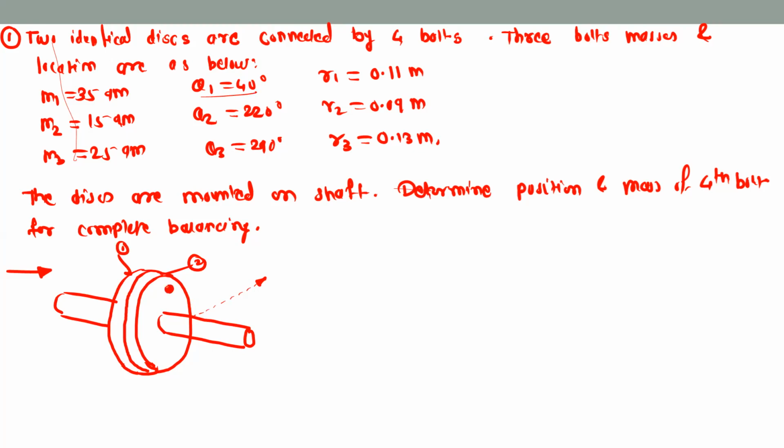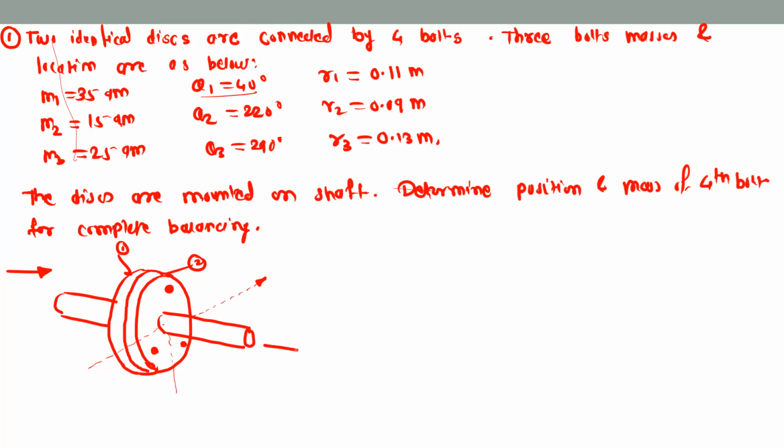So this is the first bolt, which will become M1. Second is at 220 degrees, so it is in the third quadrant. This is M2. Then this is 290 degrees, so it is in the fourth quadrant. We have to select the position of the fourth bolt.